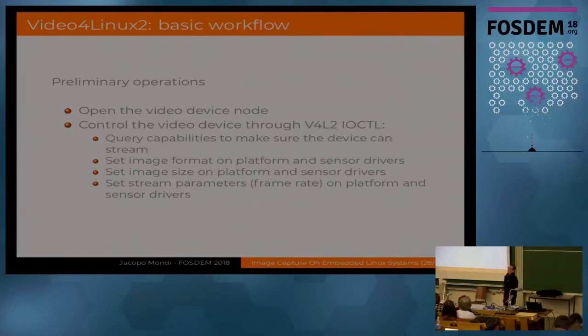Initially you should query the sensor to know which kind of data it can transmit, if that fits with what you're expecting. You can set a specific format on the sensor and on the platform. You set the image size, because you have to be sure of the image size when you capture the image. And you can control streaming parameters like the frame rate and the exposure time of the sensor, using a set of IOCTLs defined by the video parameters.